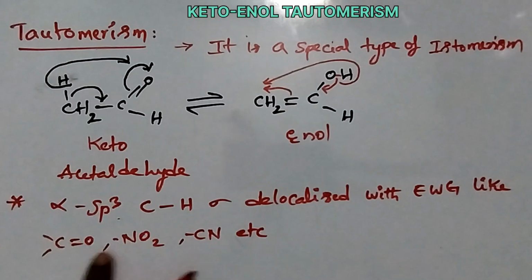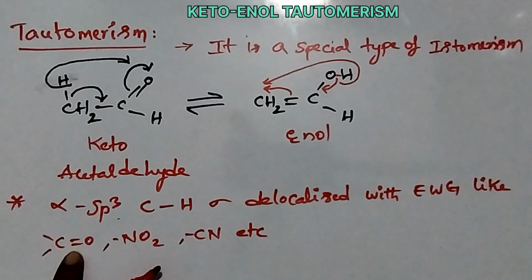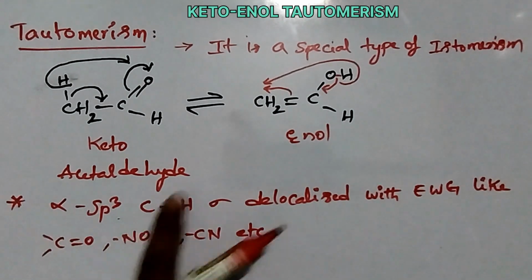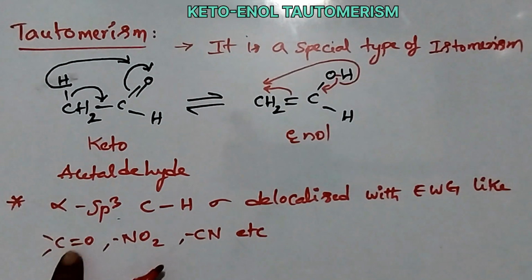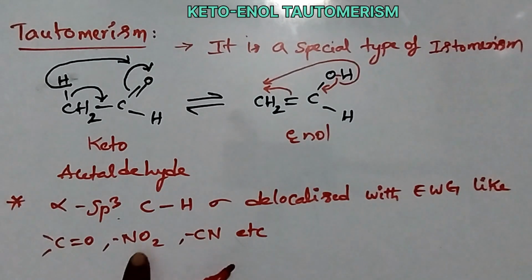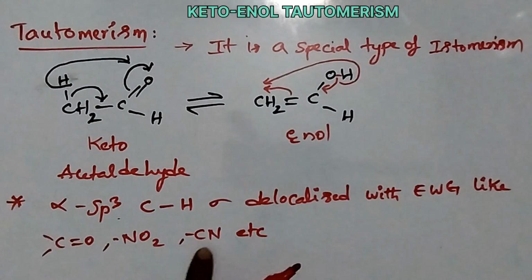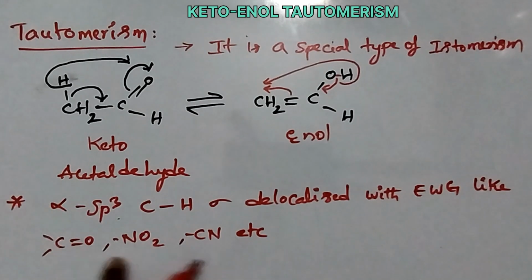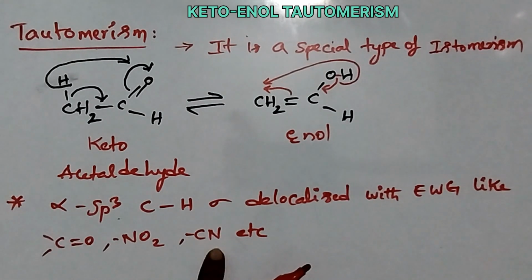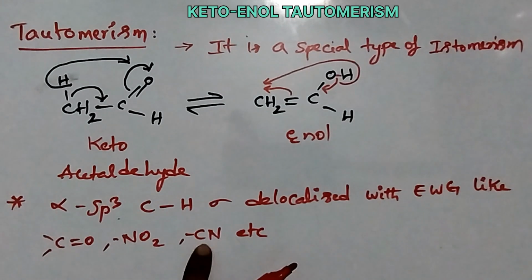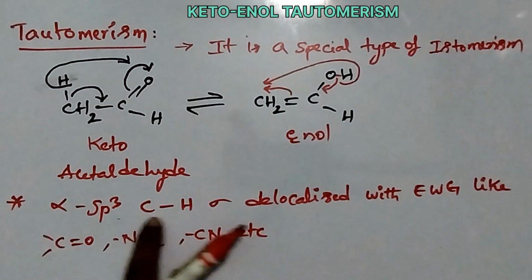So these groups are what? Keto groups, a special type of isomerism, carbon containing a double bond O. Some of the compounds of nitro and some of the compounds of cyanides will also exhibit it. So these groups are all electron withdrawing groups. These electron withdrawing groups are attached to what?